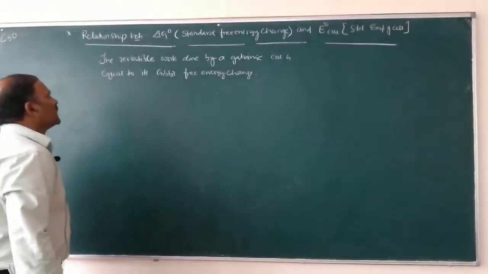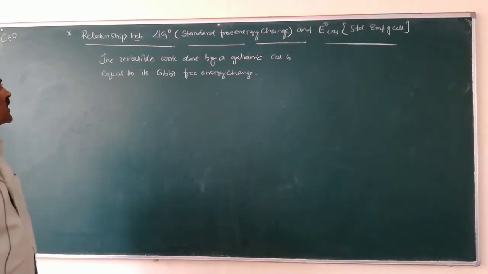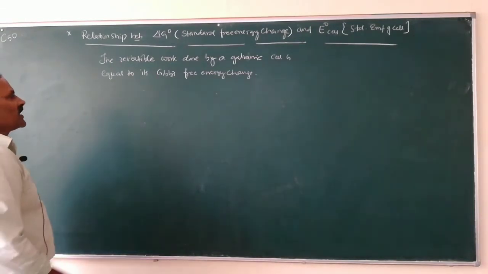We know that the reversible work done by a galvanic cell is equal to its Gibbs free energy change.